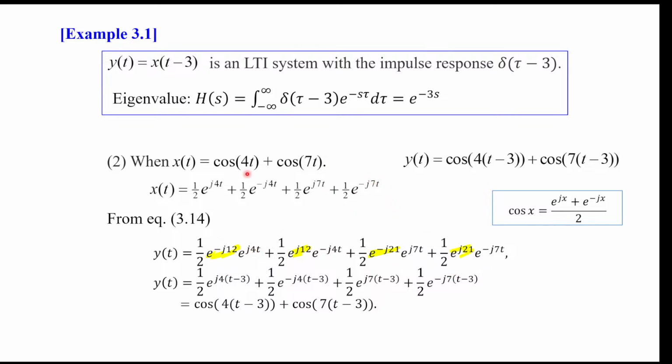H of s equals e to the minus 3s, and we calculate that here. You can also check this expression by doing some algebra. We basically combine those two terms together into cosine of 4(t minus 3), and combine those two terms into cosine of 7(t minus 3).